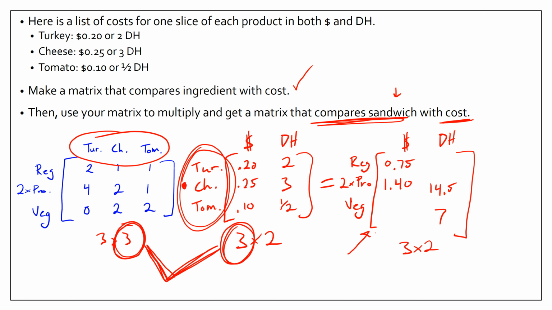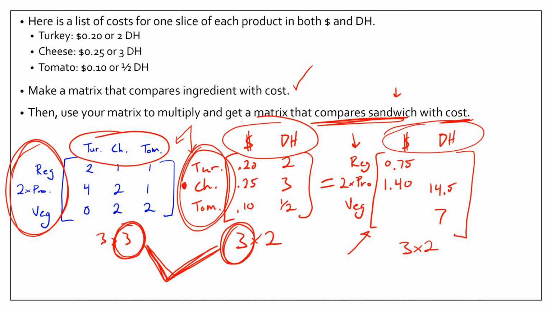Notice that my new resulting matrix doesn't involve turkey or cheese or tomatoes at all, because that's kind of what I was multiplying. Instead, it involves the rows from the first matrix and the columns of the second matrix. And check out the dimensions.